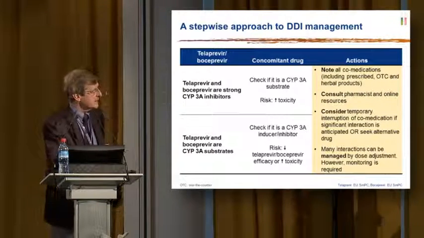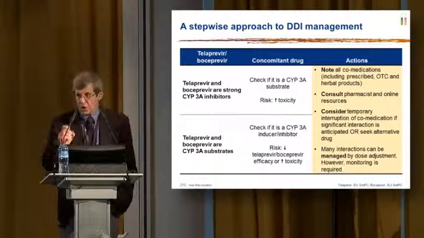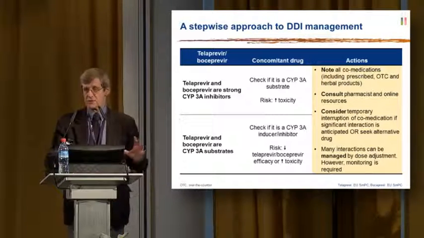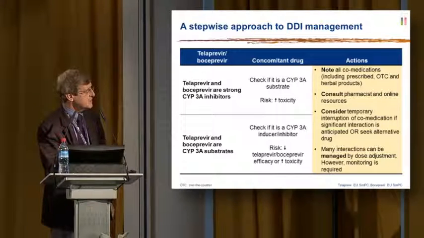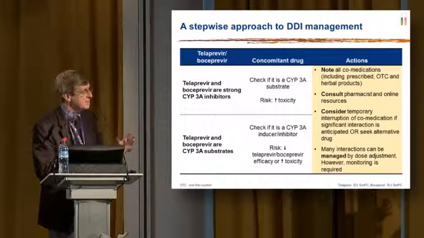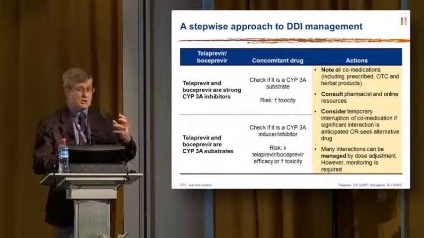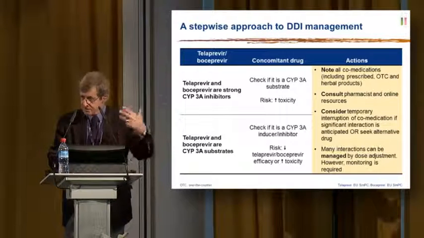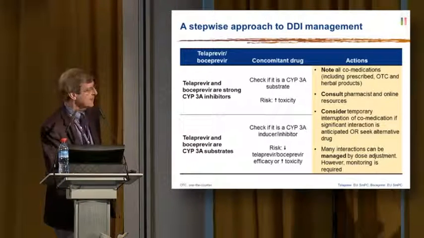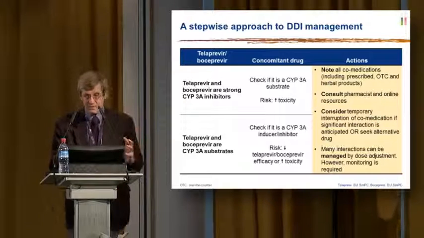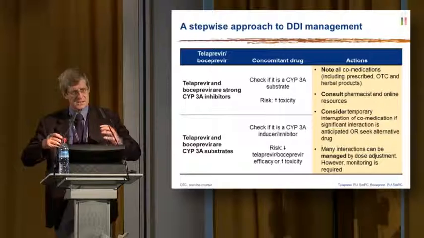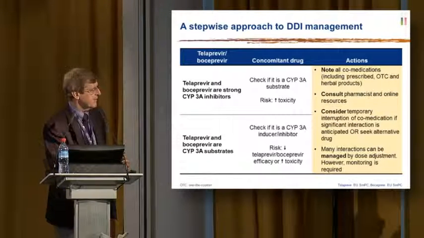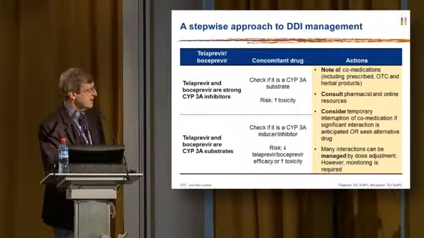Number one is to note the co-medications. I cannot stress that enough. You need to know the co-medications. So we need to note all of the co-medications the patient is on, including any herbal products or any other products the patient may be taking. Then consult. In some countries you can consult a pharmacist, and maybe that's not always possible, but there are online resources.